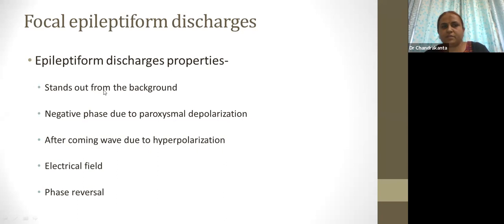It is obvious, it stands out from the background. There is a negative phase due to paroxysmal depolarization, I will show you. And there is an after-coming wave due to hyperpolarization. And they have an electrical field. And on bipolar montage, they show phase reversal.